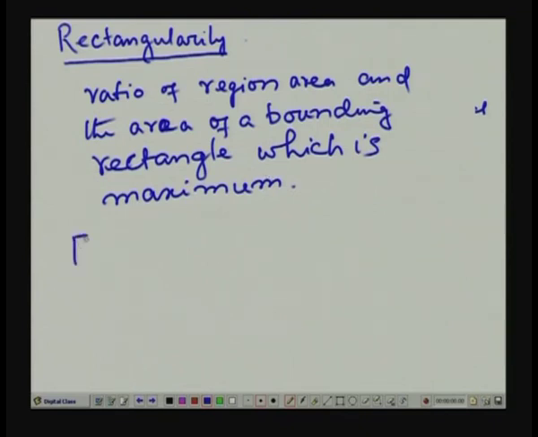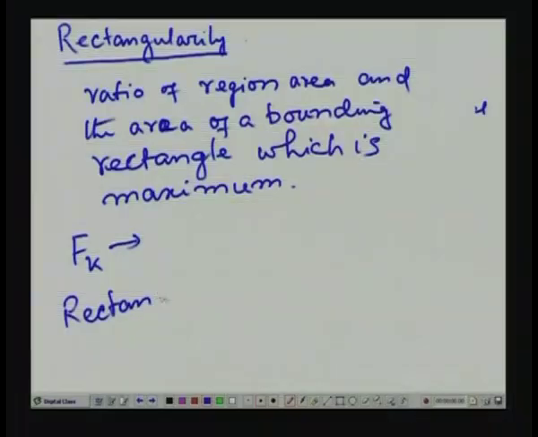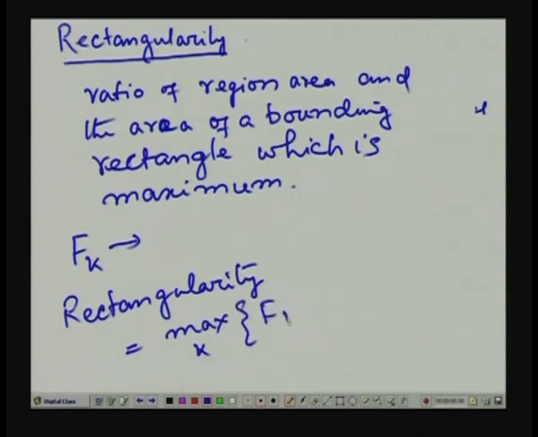So, if I say that f k is the ratio of the region area to the area of a bounding rectangle having direction k, then the rectangularity will be defined as simply maximum k over f k.